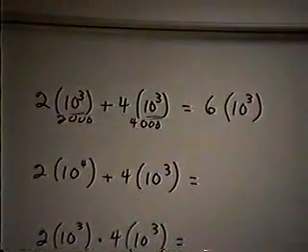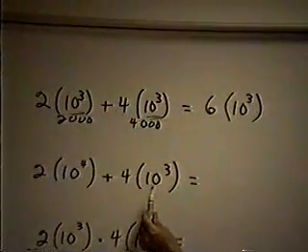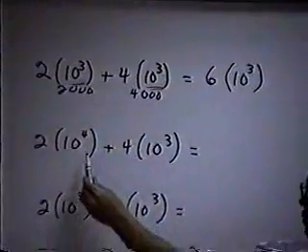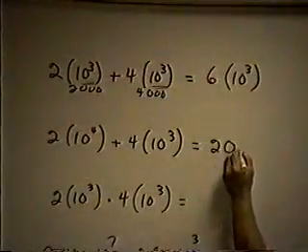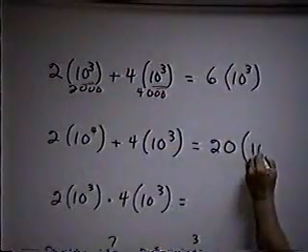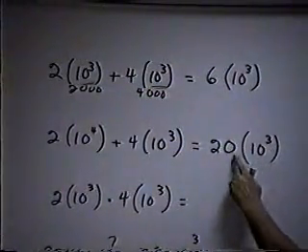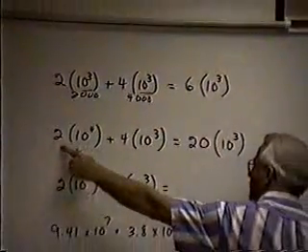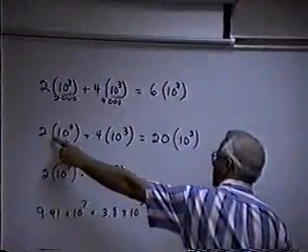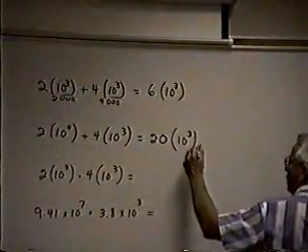All right, let's take one where the powers aren't the same. What we do here is we take the 2 and take one of those 10s over and make it 10 to the 3rd. So 10 times this 2 is 20. We take one of the 10s out here and multiply it times that, and then that gives us 10 to the 3rd.